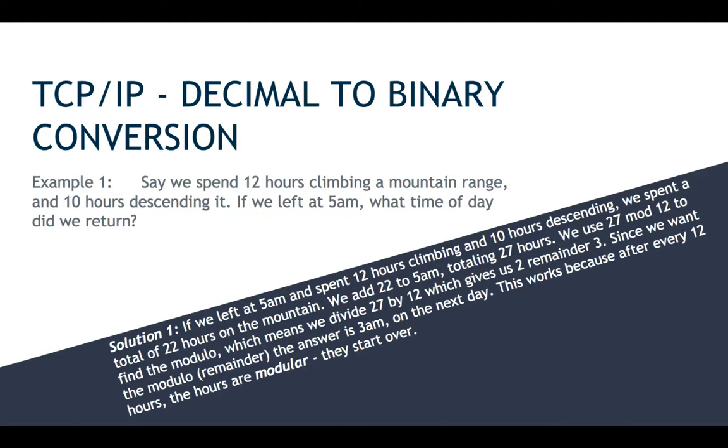It only goes up to 12 o'clock. So we use 27 mod 12 to find the modulo. We divide 27 by 12, which gives us 2, remainder 3. Since we want the modulo, or the remainder, the answer is 3, or 3 a.m. on the next day. This works because after every 12 hours, the hours are modular, which means they just start over. That's why it works.